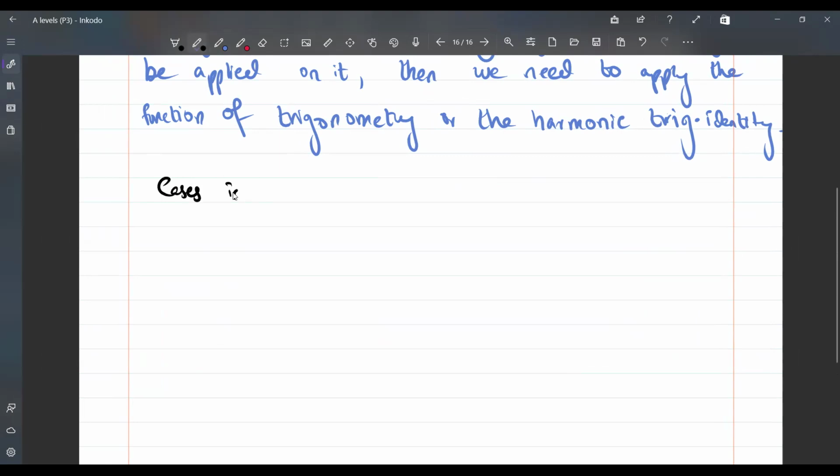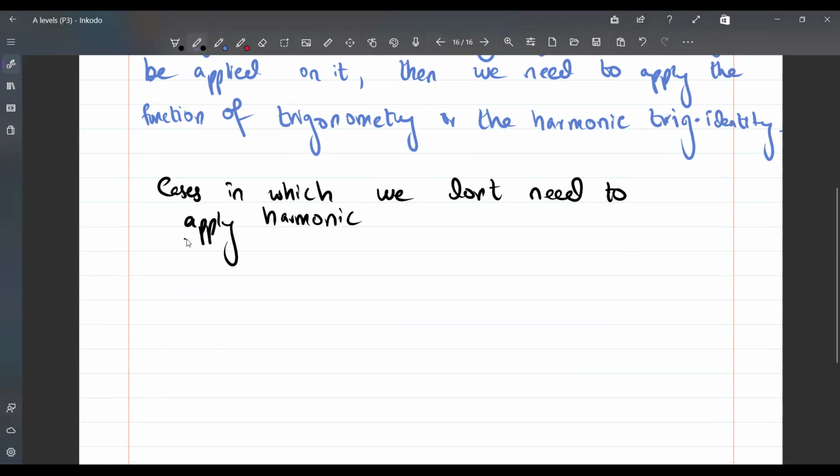Cases in which we don't need to apply harmonic.